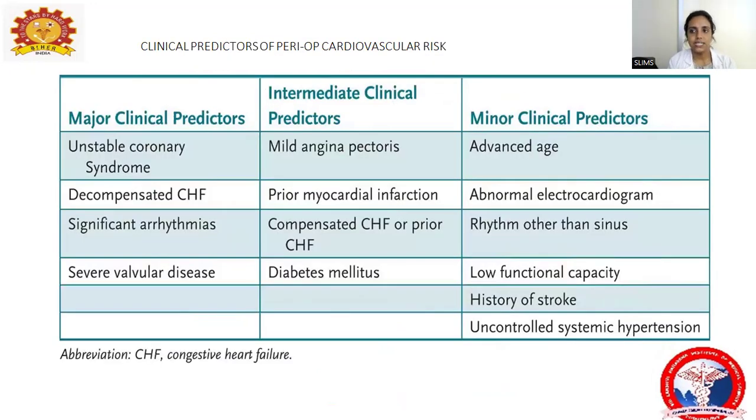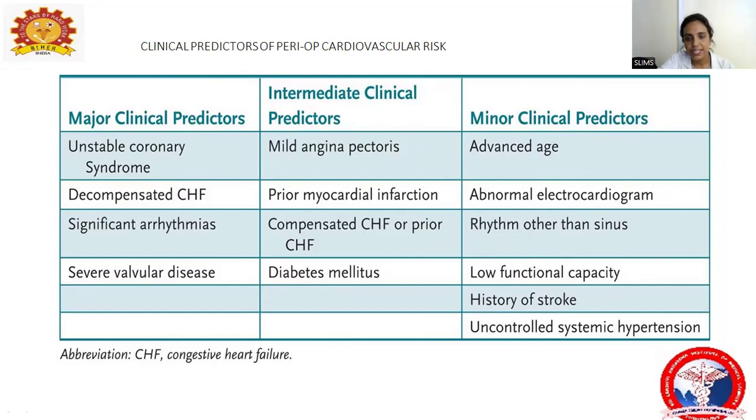Now, these are the clinical predictors of perioperative cardiovascular risk. First, the major clinical predictors are unstable coronary syndrome, decompensated congestive heart failure, significant arrhythmias, and severe valvular disease.